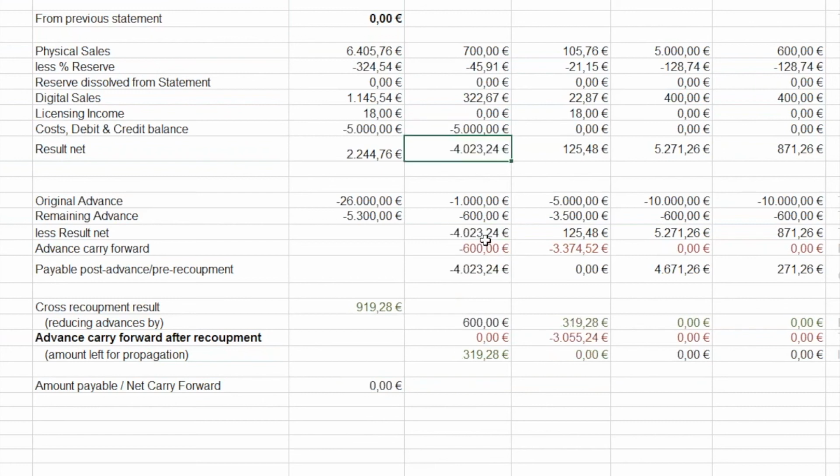So we consider that case 2, and it was needed to enhance this formula with this case: if D25, so if the result net of that contract is actually negative, so no money is earned, actually there's a huge cost and we actually have a loss on that product, then obviously we just copy that value here and we don't draw down the advance at all. So this is reflected in this formula, which is then copied to each individual contract.